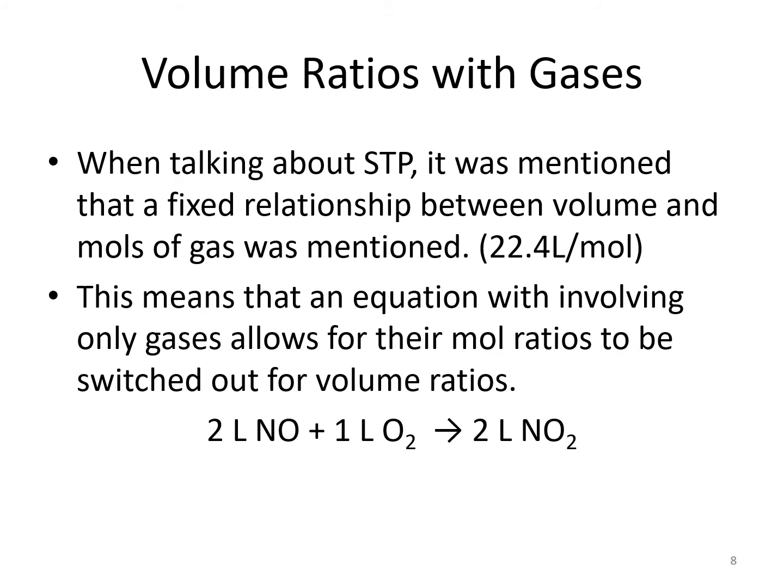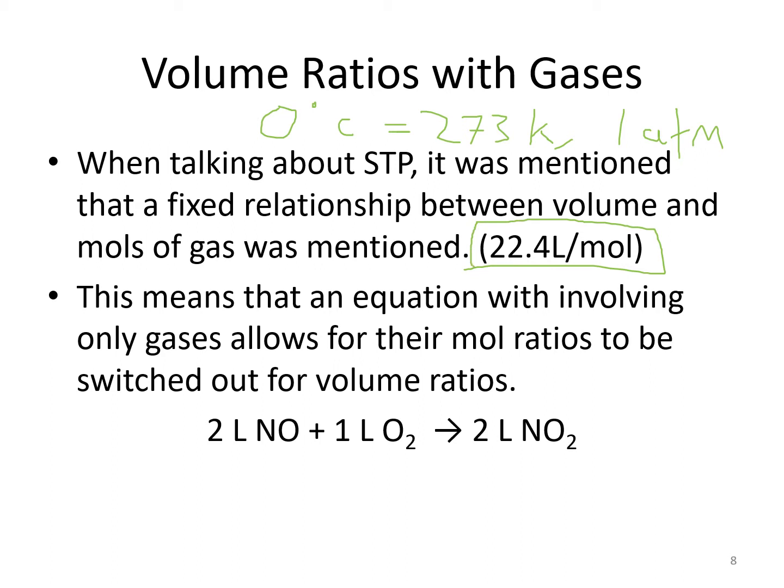So when talking about STP, remember STP was those conditions 0 degrees Celsius, which was 273 Kelvin, and 1 atmosphere of pressure. Pressure is at 1 atm, and we'll learn more about what that means in chapter 10. We learned that 1 mole of a gas, any gas, it doesn't matter what, was 22.4 liters.